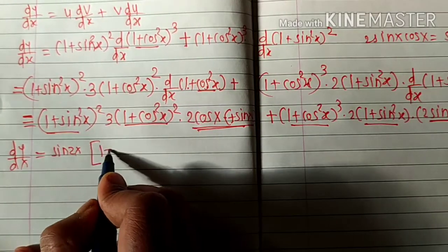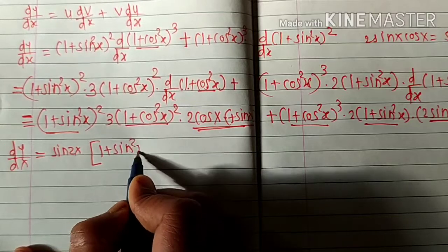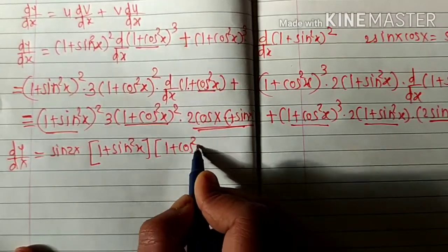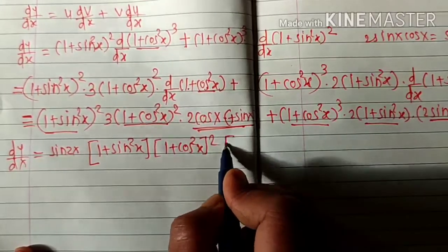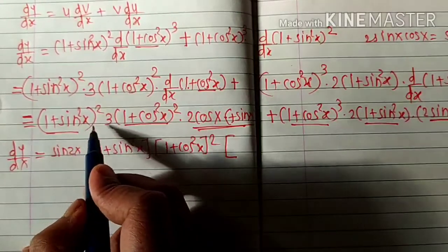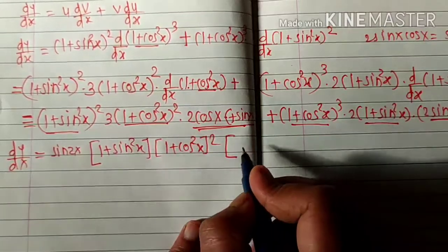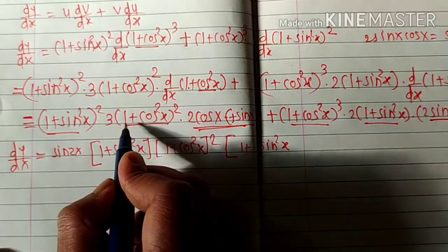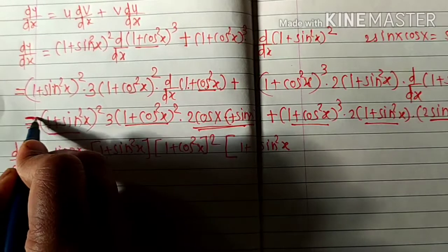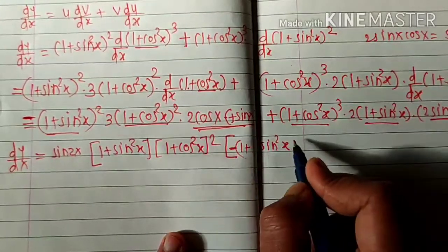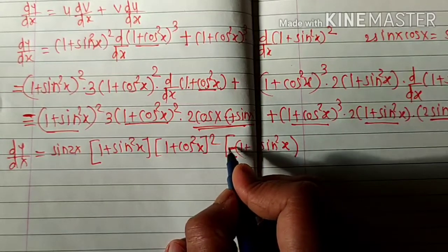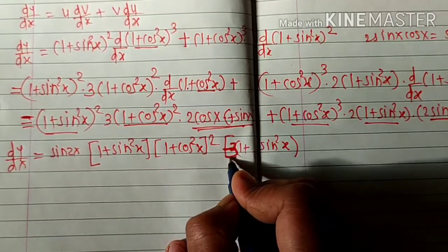Means also we take outside (1 plus sin square x) into (1 plus cos square x) raised to 2. Then when we take (1 plus sin square x) 1 power, what remains here is 1 plus sin square x, but here is a minus time. Okay, we have to take the minus sign here. Then here what remains is only this one and this 3, meaning minus 3 times this term.